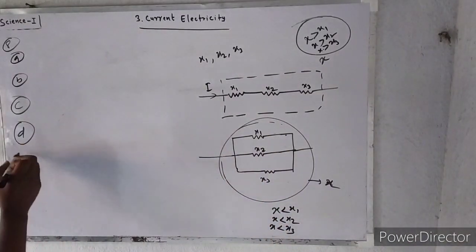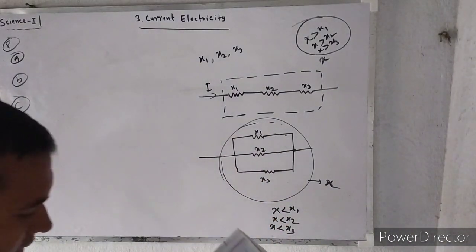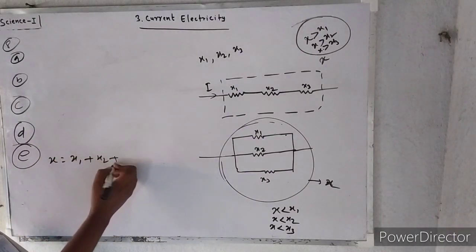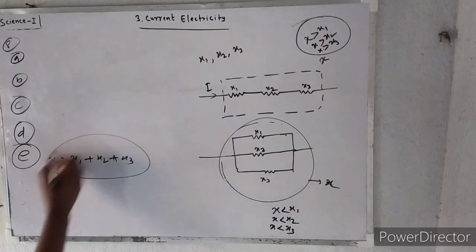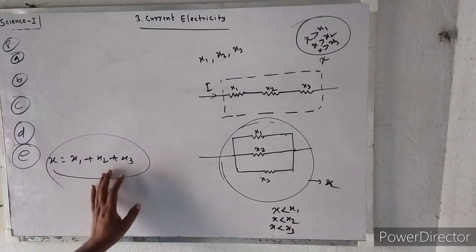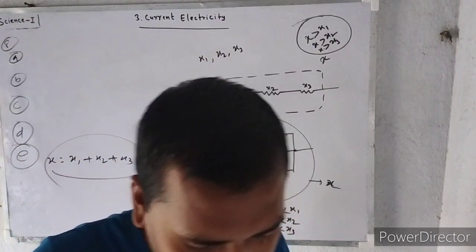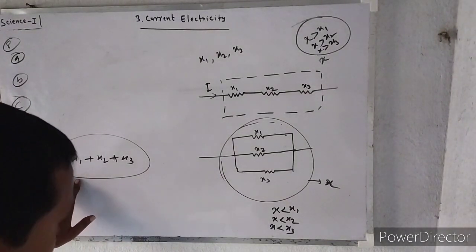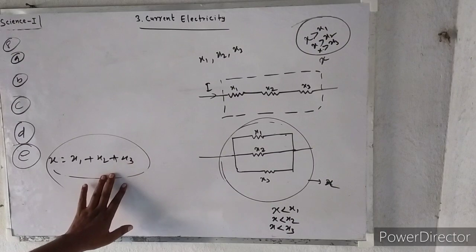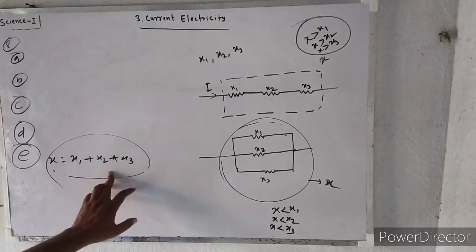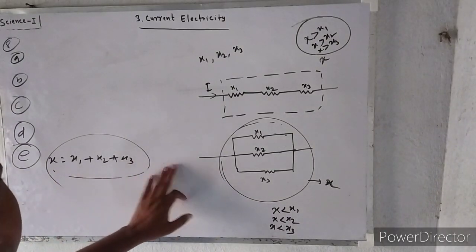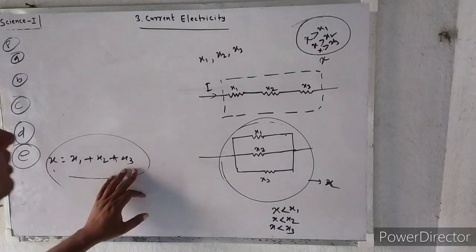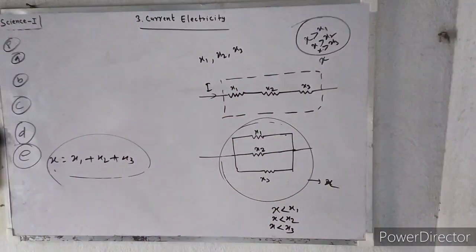You will write here E. X is equal to X1 plus X2 plus X3. This is the formula for resistors connected in series. You will write here, this is the formula for resistors connected in series, for all three resistors X1, X2, X3 connected in series.